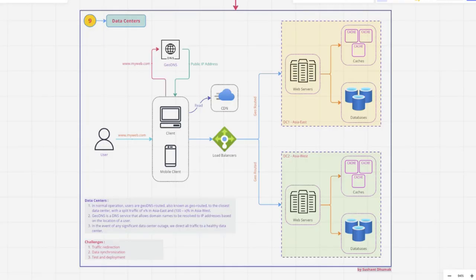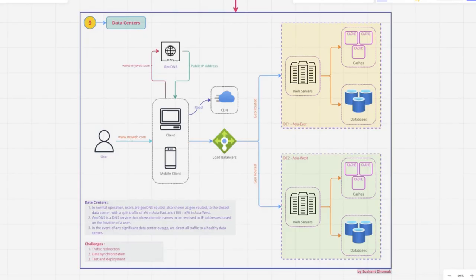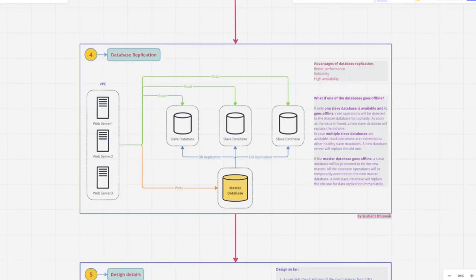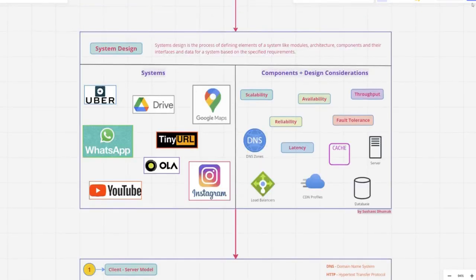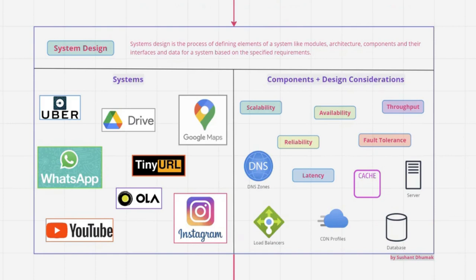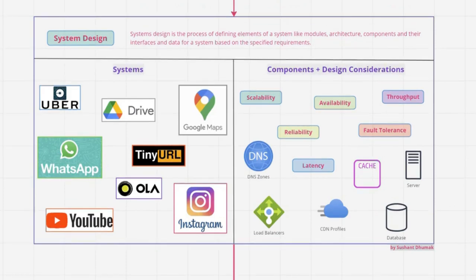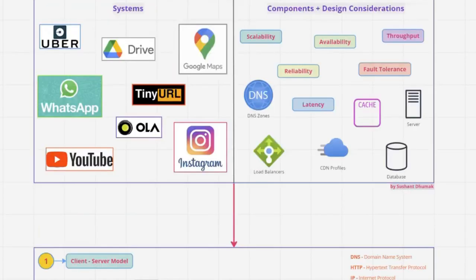But let me just go back and see what we have learned so far. I'll go to the first slide itself. So far we have seen all the system components, as well as design considerations, or I'll say core principles, like availability and reliability, which we are going to look at in later sections.